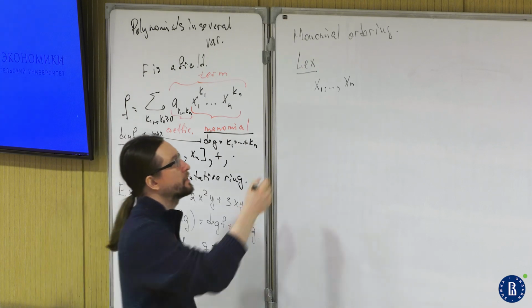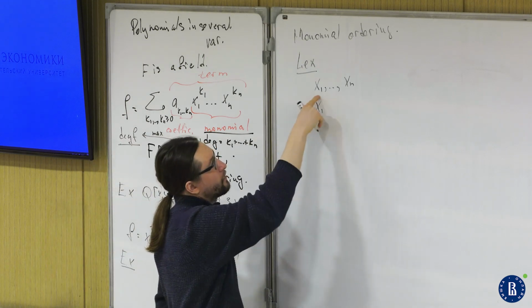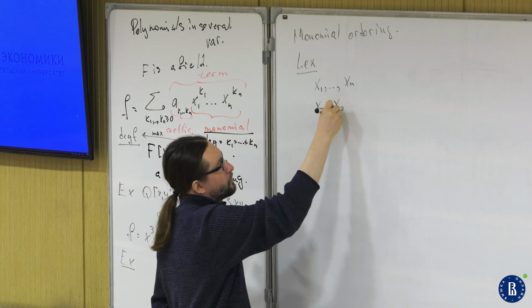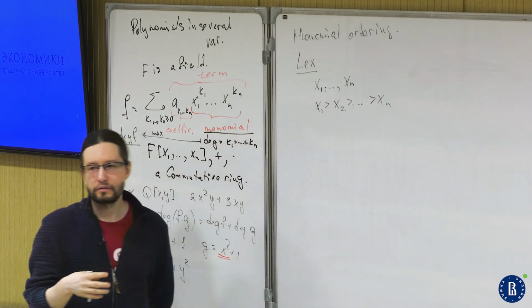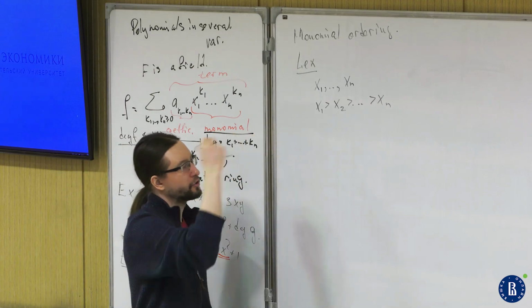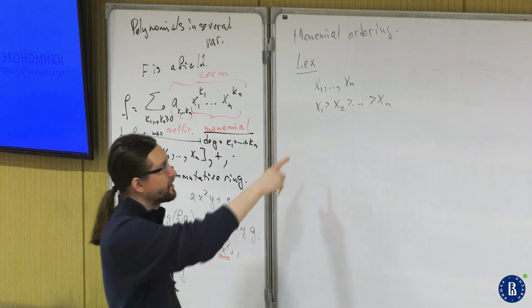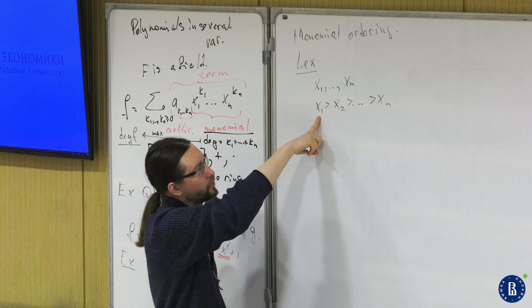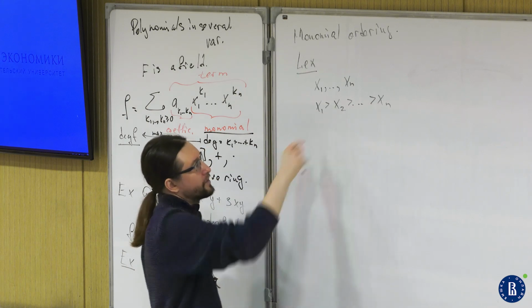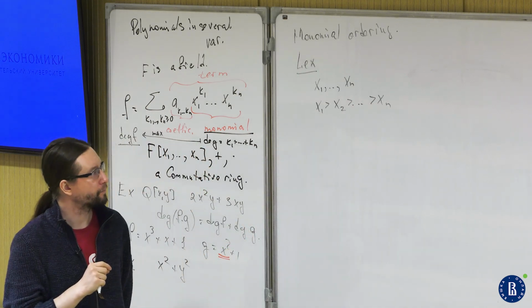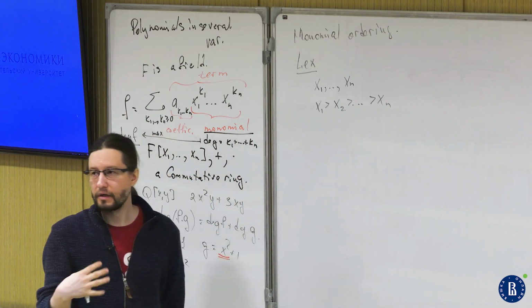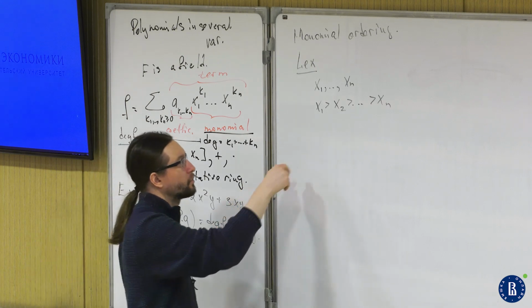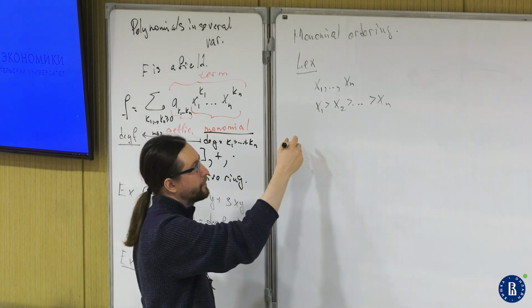But for simplicity, let's assume that the order is chosen like this. In general, you can use any permutation, but just for simplicity, I want x1 to be the highest one, x2 to be the second highest one, and so on.